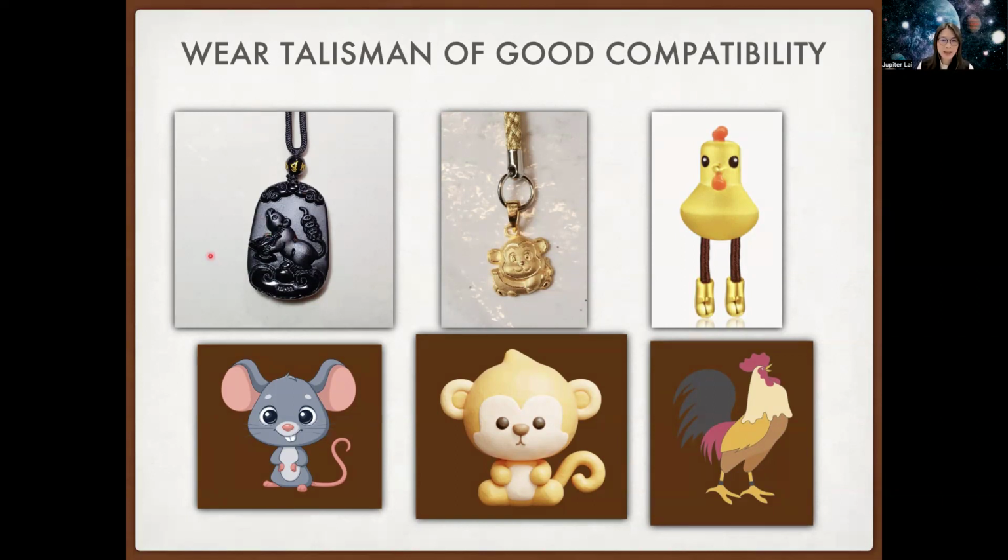Animals of good compatibility with dragon are rat, monkey, and rooster. It's so easy, you can find charms, necklaces, anything in these animals. You can wear anything like this so that you will have good compatibility with the virtual god, and then you can get rid of the bad luck.